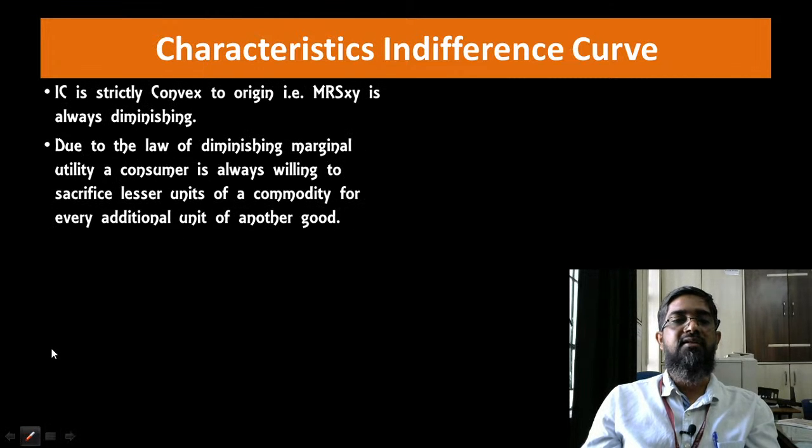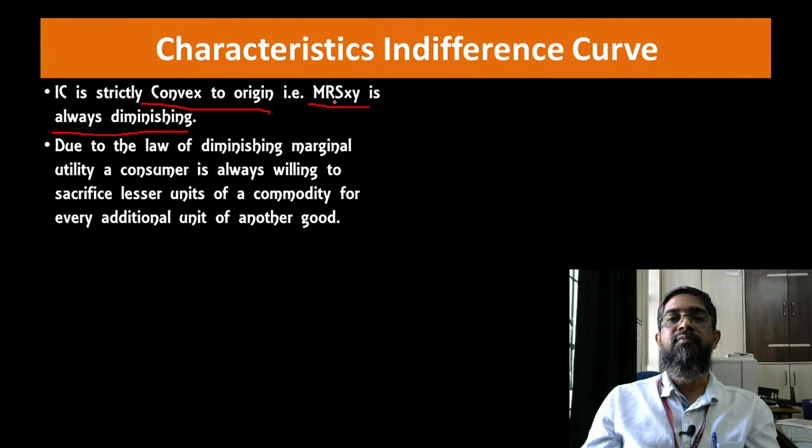The second characteristic of this indifference curve is that it is always convex to the origin. Why is it convex to the origin? Because you can see MRS XY is always diminishing.